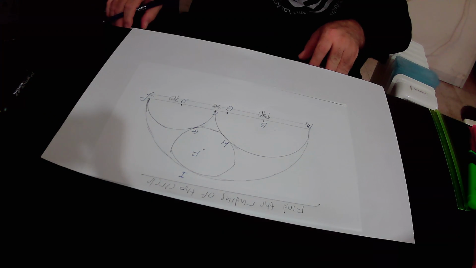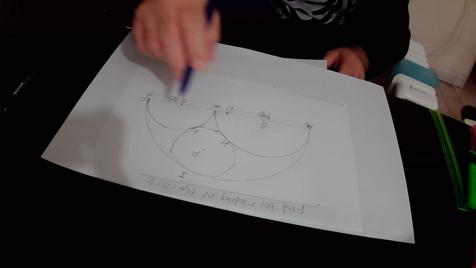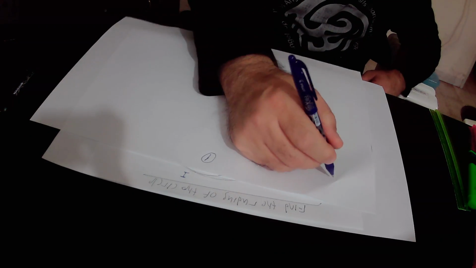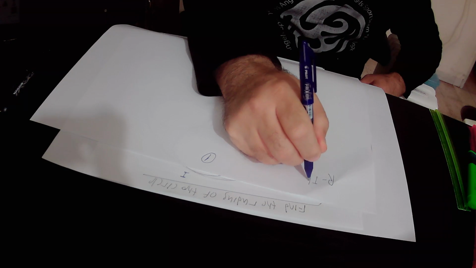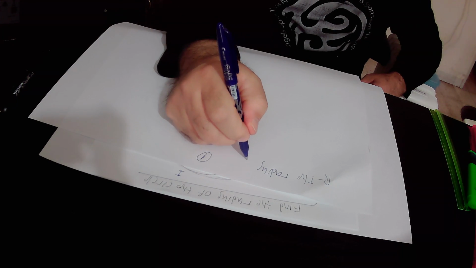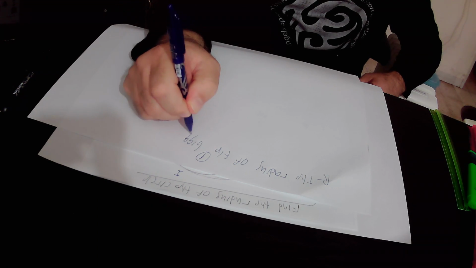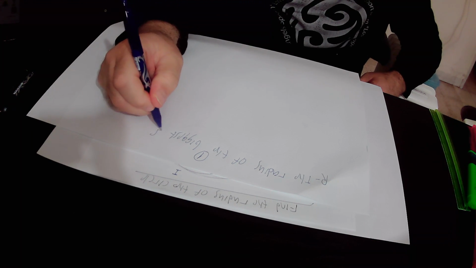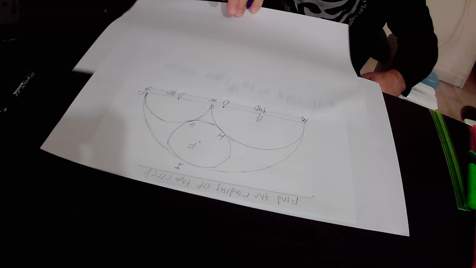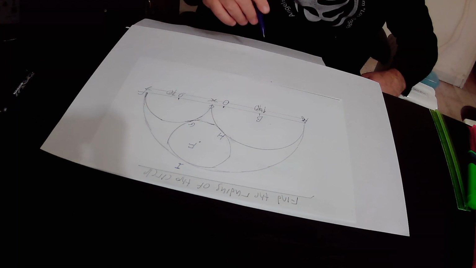We will define the radius of the biggest semicircle as capital R. And we will define the radius of this circle, the small circle, as small r.